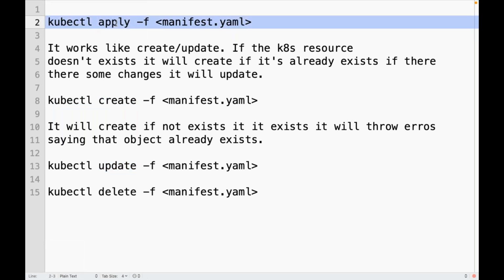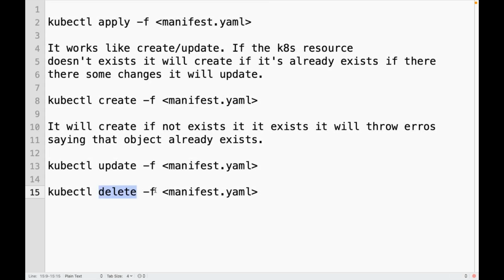Most of the cases you will see kubectl apply only. If I want to delete the resources created using that manifest, can I use kubectl delete -f? Whatever objects have been defined in this manifest, are they going to be deleted if I execute it like this?